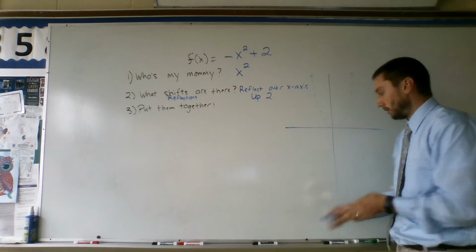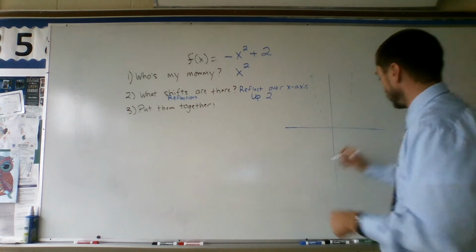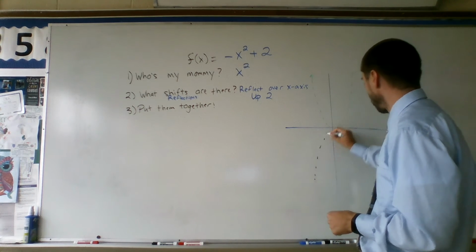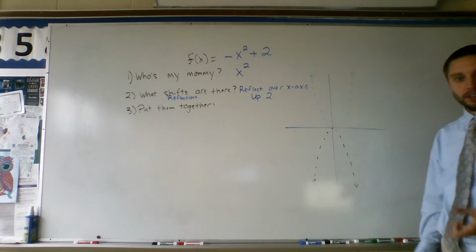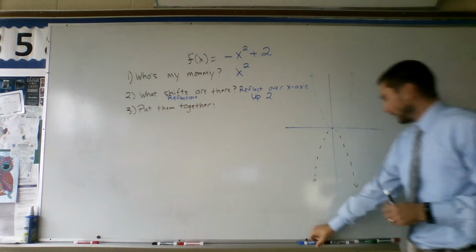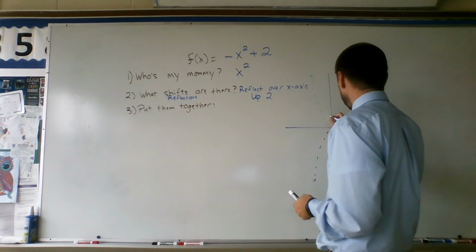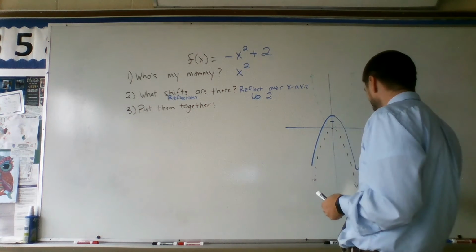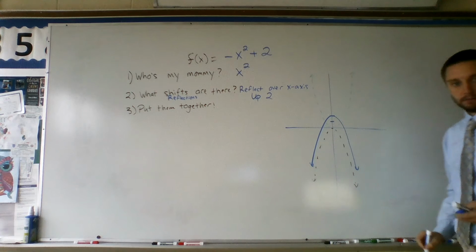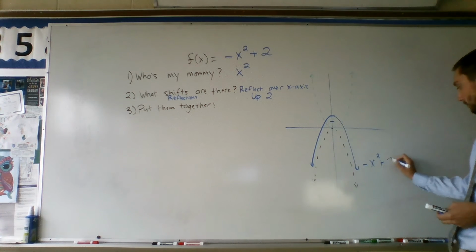Now I just have to follow my order here. So reflect over the x-axis. I'm going to draw that graph. That's in black there, no big deal. And then up 2. So I'm going to take this dotted black graph and just move everything up 2. And there we go. So this blue graph is negative x squared plus 2.